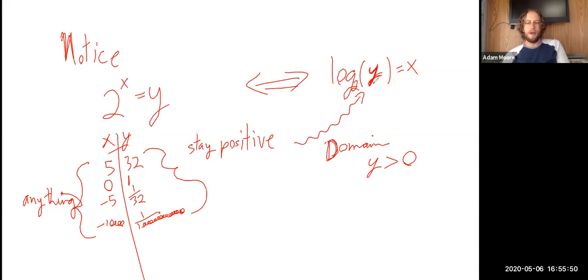The y value has to stay positive because we know from exponential form that they always go positive. There's just no way to make it happen. So because of the way logs come from exponents, the only things we can plug into a log are things bigger than 0. So watch out for that.